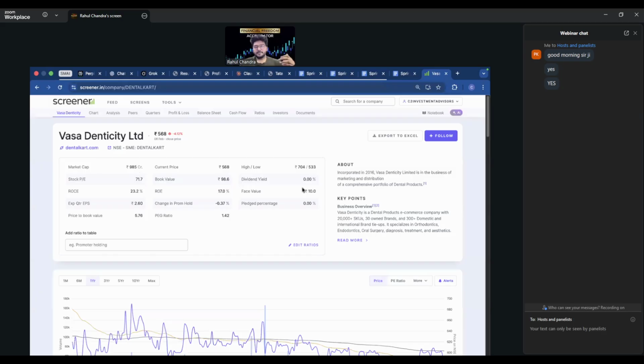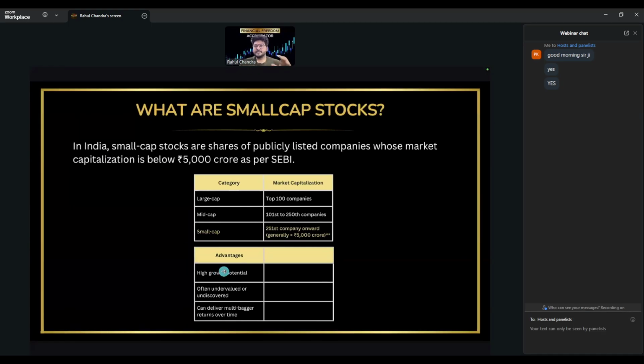Now, because they're operating in a niche and they have a market leadership in that niche, is it possible for this company to become 10x in the next 5 years? Yes, because they have a lot of room to grow, correct? So that is why I say that these small cap companies have high growth potential.